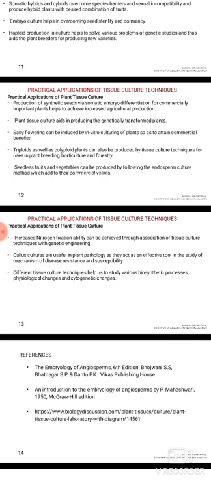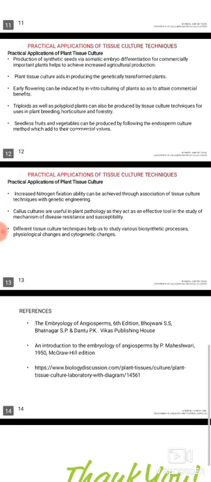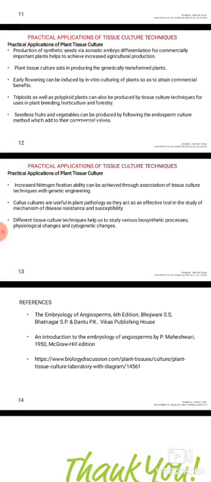Increased nitrogen fixation ability can be achieved through association of tissue culture technique with genetic engineering. Callus cultures are useful in plant pathology as they act as an effective tool in the study of mechanism of disease resistance and susceptibility.